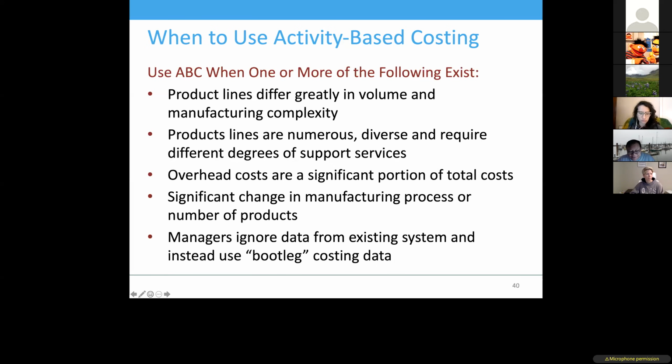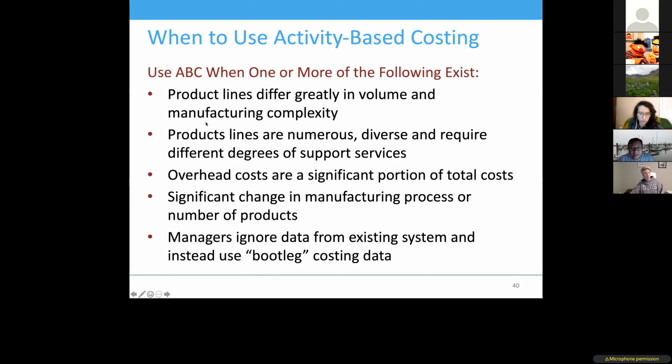It doesn't matter which system they're using. Okay, I'm not sure about this point.